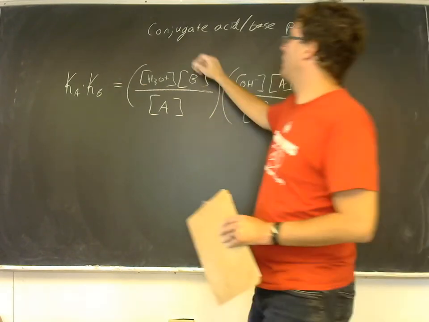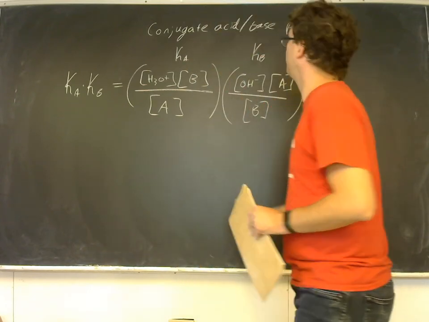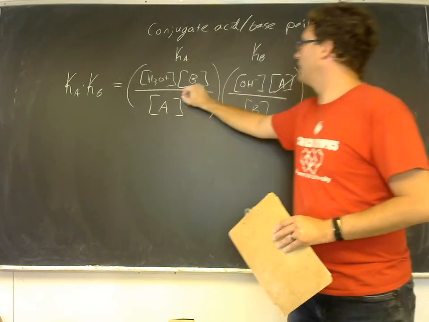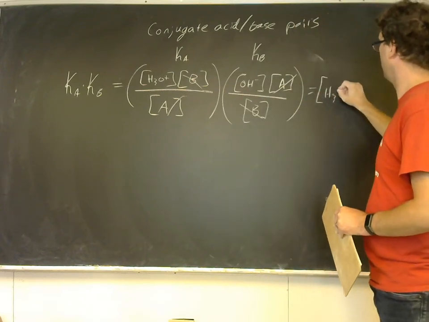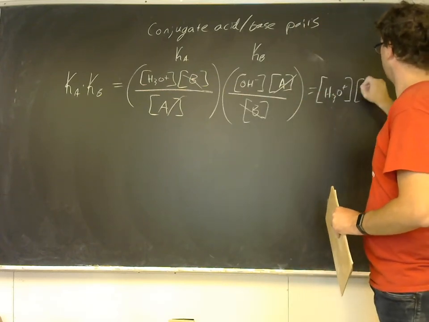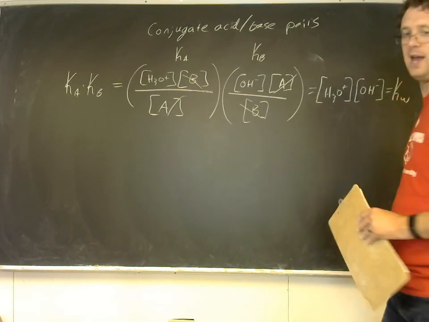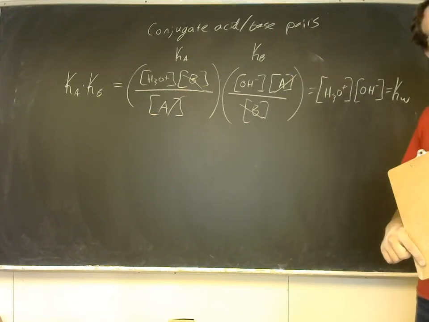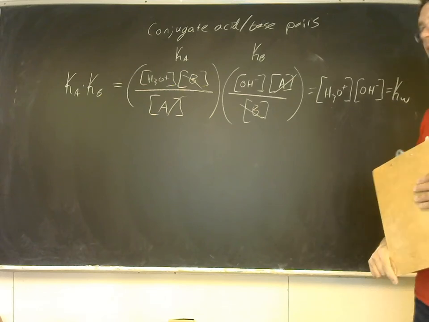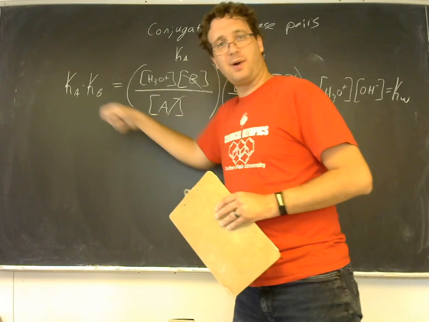So we have Ka and Kb. And you'll notice we get a lot of cancellations. All we're left with is H3O plus and OH minus. And what is that? That is Kw. And so if I know the Ka value, I can find the Kb value for its conjugate base by taking 10 to the negative 14th and dividing by the Ka value.